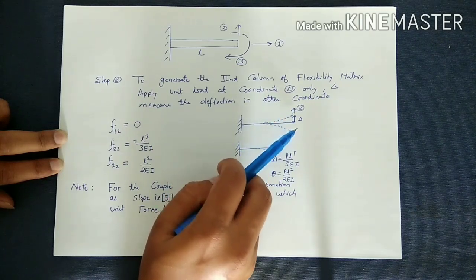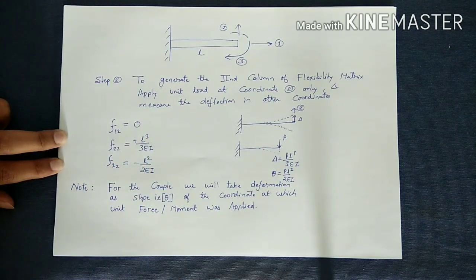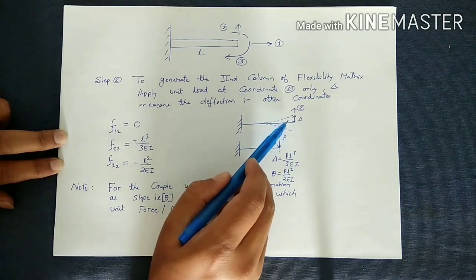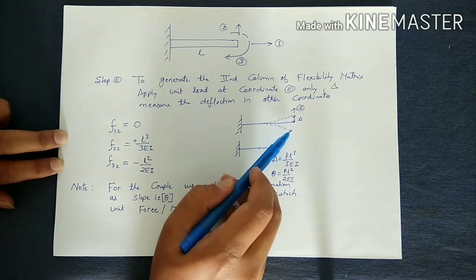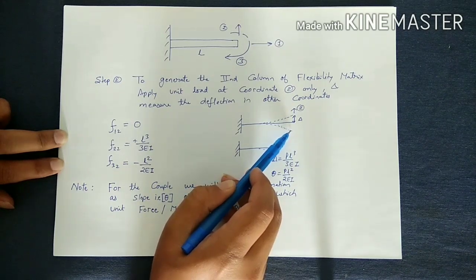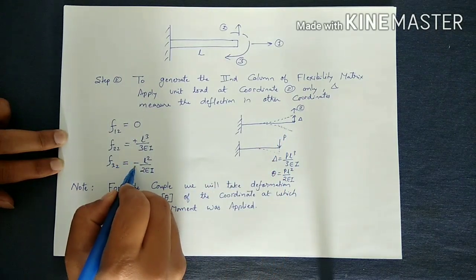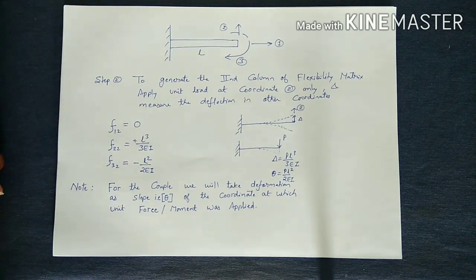Therefore, we will take a minus sign. I will repeat it again: since deformation occurs opposite to the direction of force applied, that's why we are taking the sign as minus here.